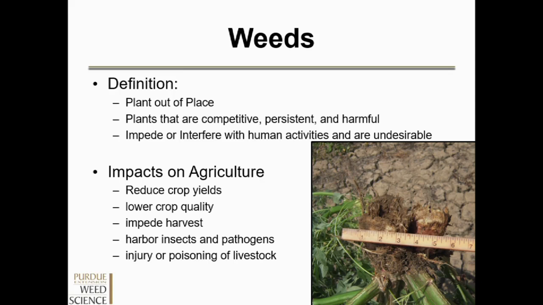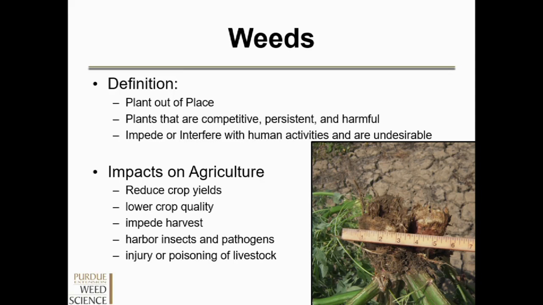The other thing that we look at for the agronomic sector, which is what Bill and I deal with, is if they have an impact on agriculture. So if they reduce crop yields through direct competition with our crops, if they lower crop quality, something like eastern black nightshade in a soybean field, when we harvest that, it stains the soybean seed, so it doesn't reduce yield, but it lowers our crop quality.